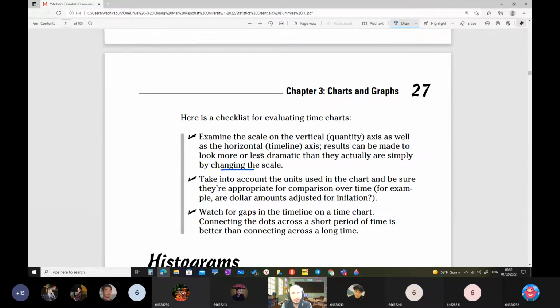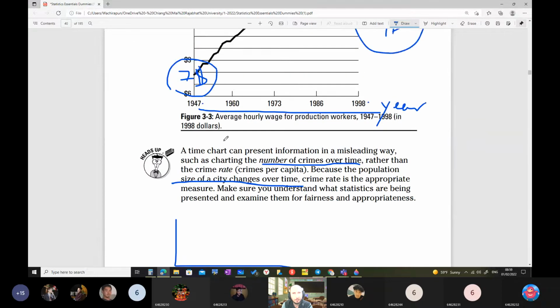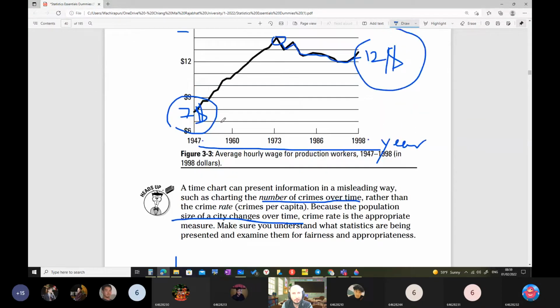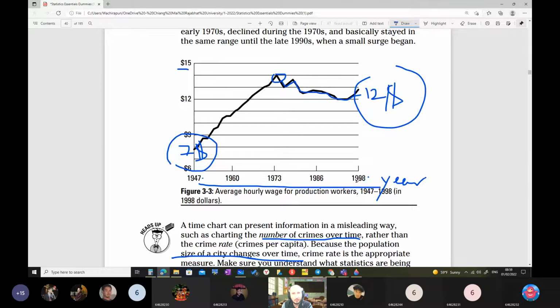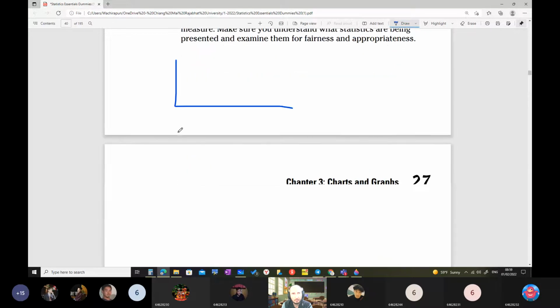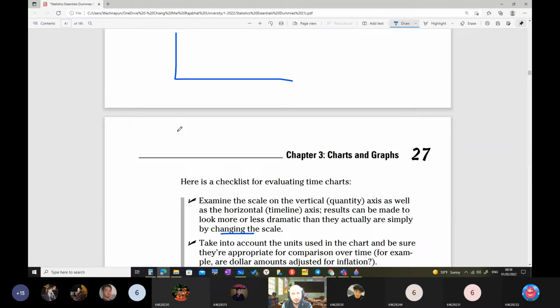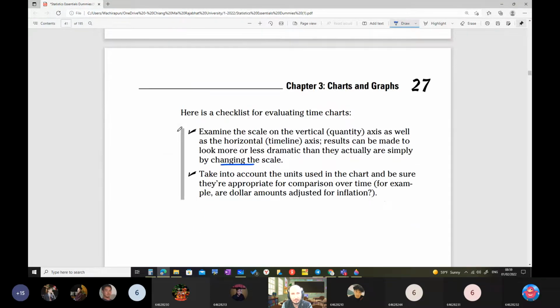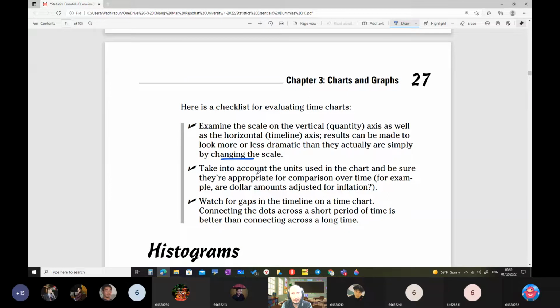Okay, so when you work with the computer, you need to tell the computer where you want to put the years, where you want to put other things, okay? And if you change it, it could change perception. What units are we using, right? Dollars, anything.